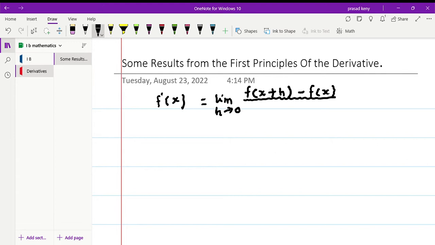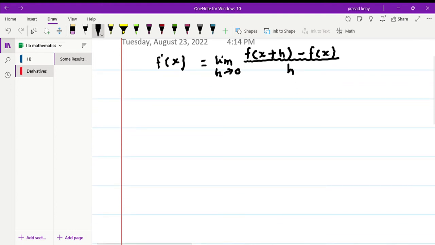This is called the first principles of the derivative. So let us see two important results from here.